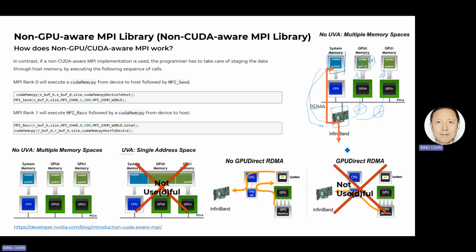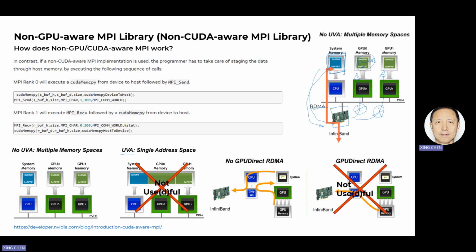Okay, so that's the traditional MPI library. This kind of library, normally we call it a non-GPU-aware MPI library. It's not aware of the existence of the GPU. It doesn't work with it.